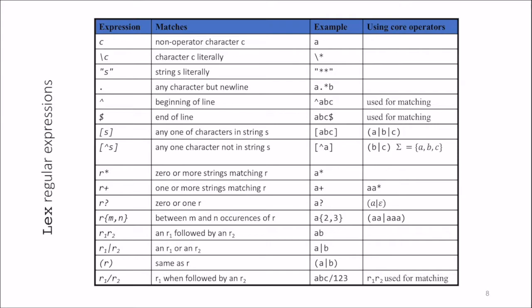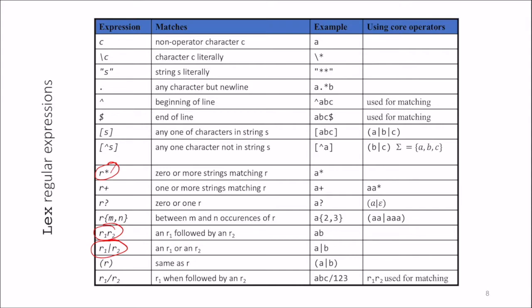When you're writing these regular expressions, you should be familiar with all of the different elements that you can use. Obviously, you have the core elements, which are concatenation, alternation, and star. Those are the main things, the core operators.